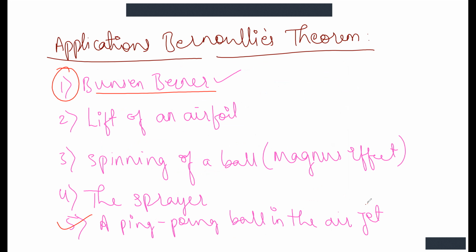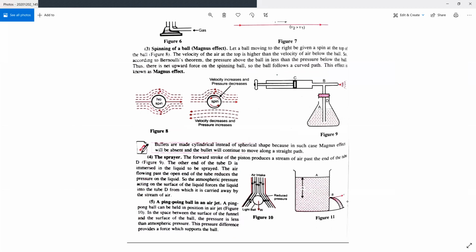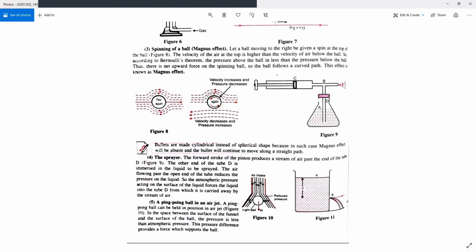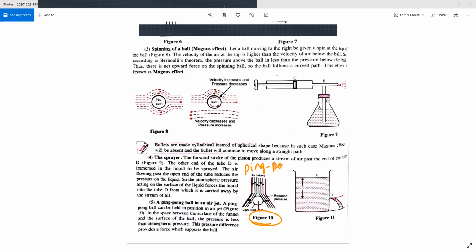The ping pong ball is shown here in the figure. So the diagram of the ping pong ball is this one. So this is an air inlet. The light ball here reduces the pressure, that is shown with the help of the arrow mark here.